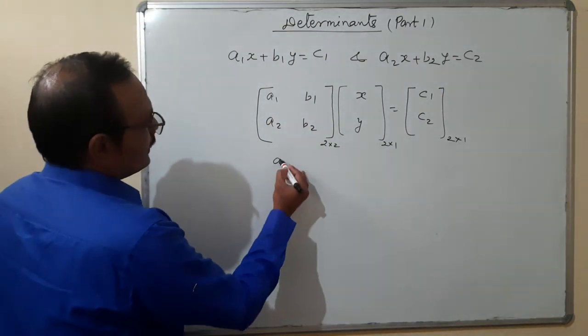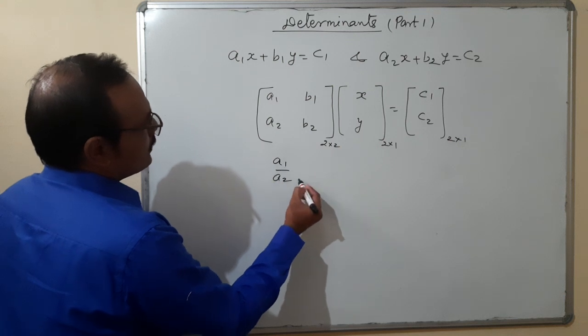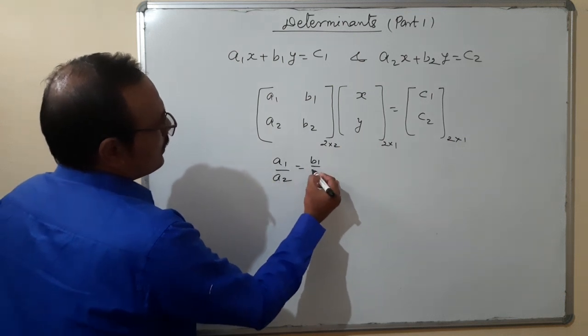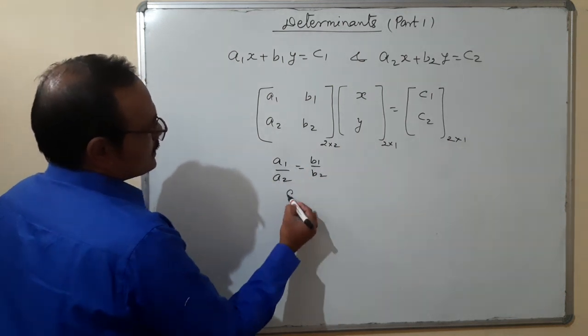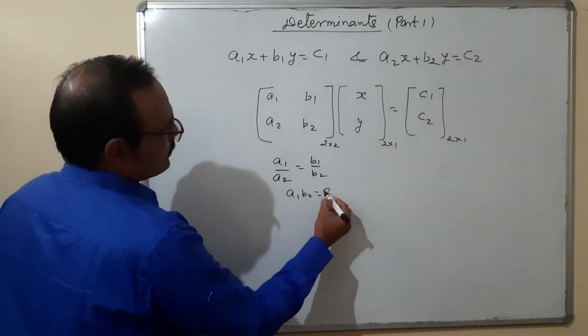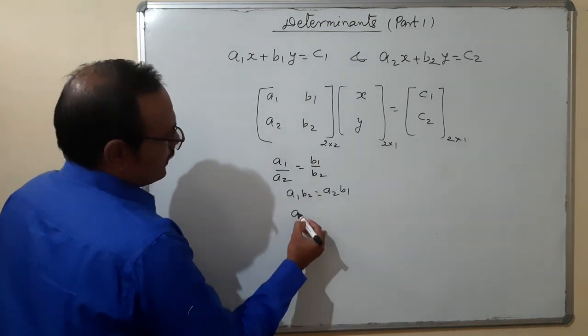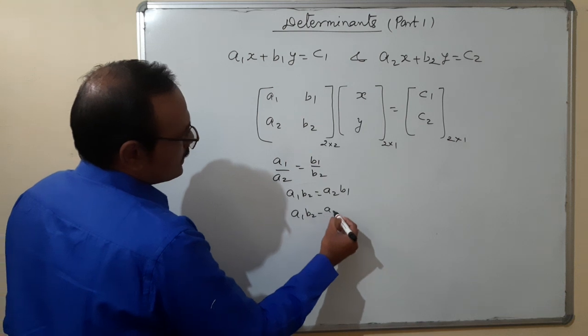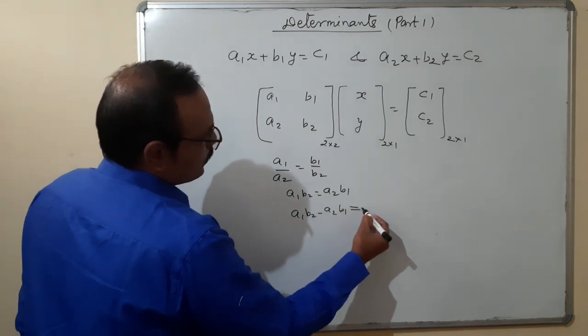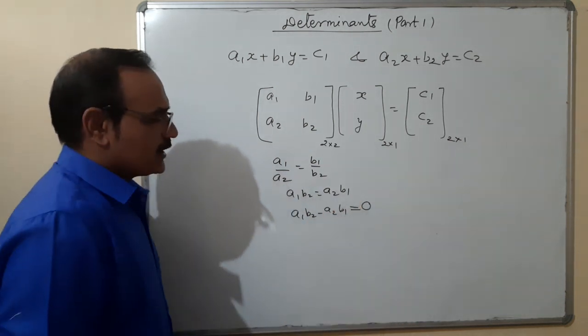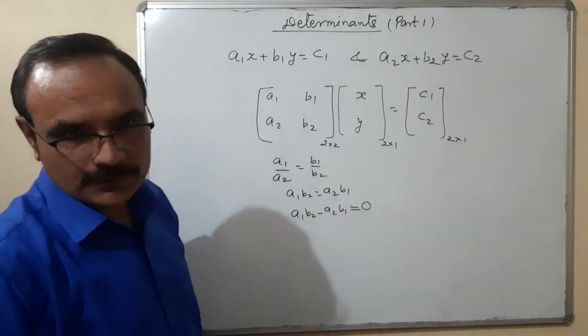You write here a1 upon a2 is equal to b1 upon b2. That means a1 b2 is equal to a2 b1, and a1 b2 minus a2 b1 is equal to 0, which determines that it has no solution.